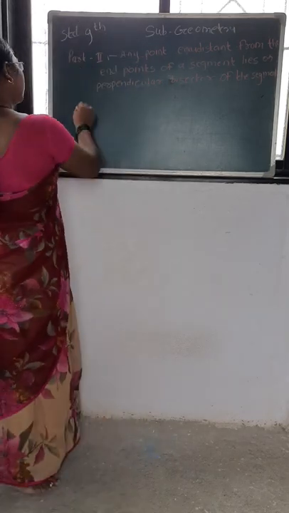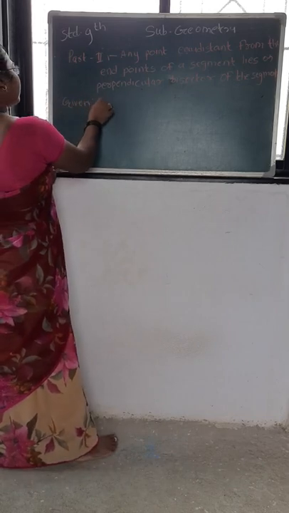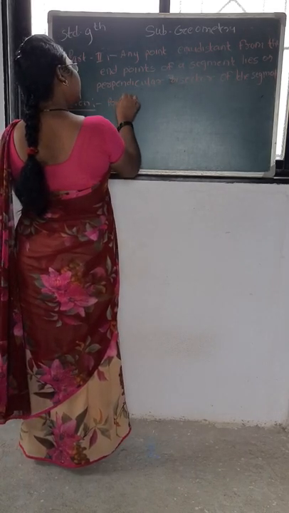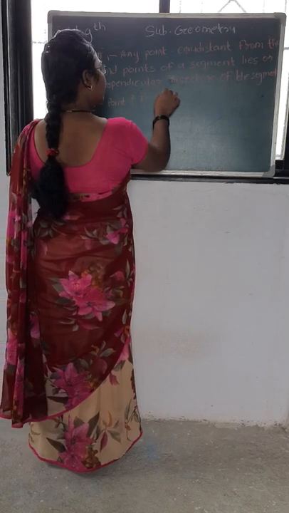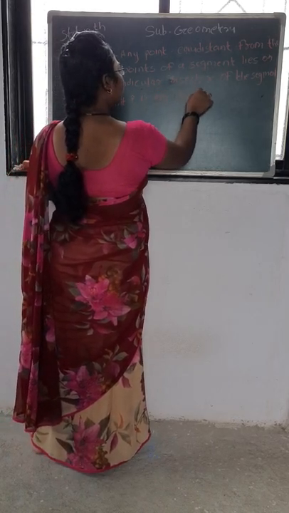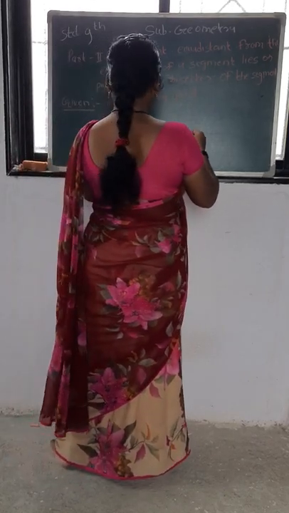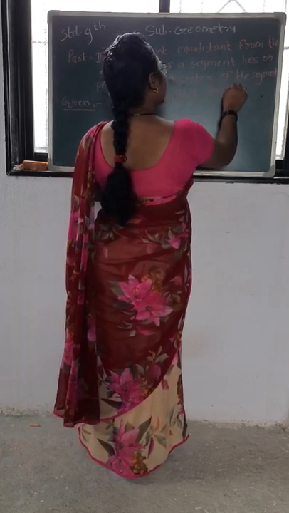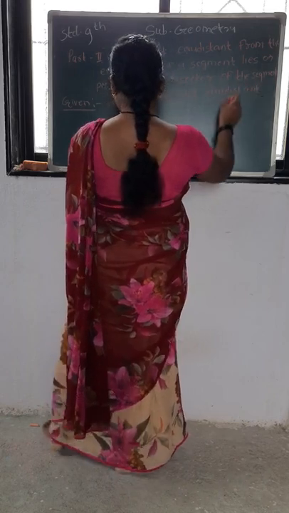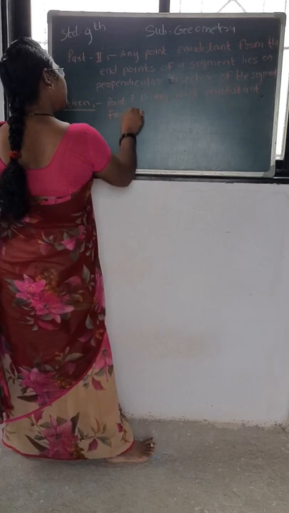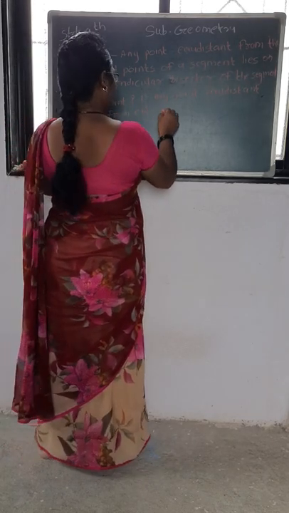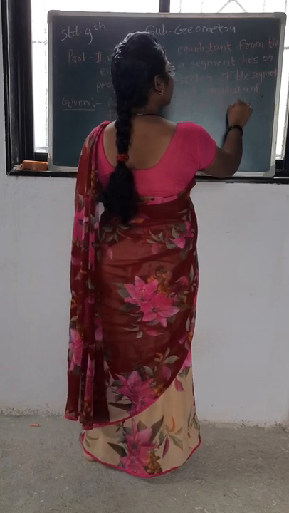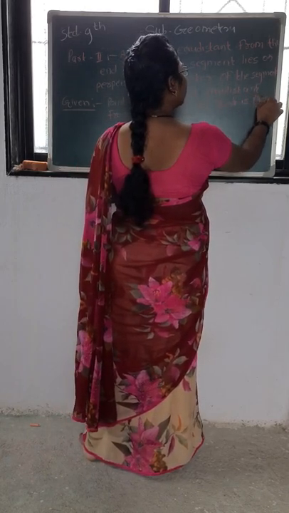Given that point P is any point equidistant from the endpoints of segment AB, that is, PA is equal to PB.